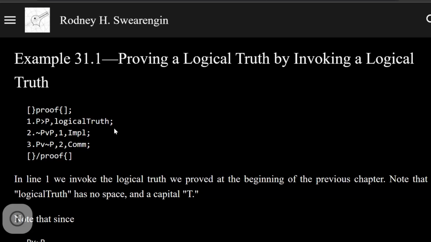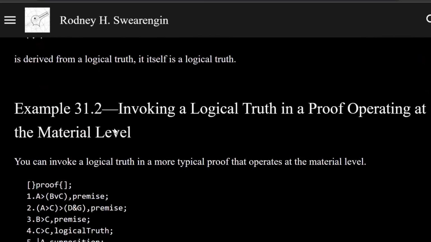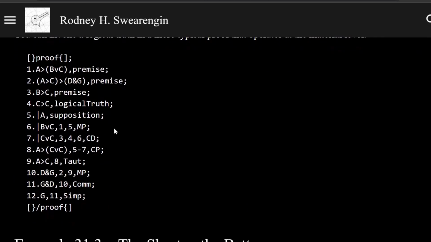And that's why we use P, Q, R, S for logical truths, because they really operate at the level of logic. Whereas when we have a proof involving specific variables from the beginning of the alphabet, A, B, C, D, etc.